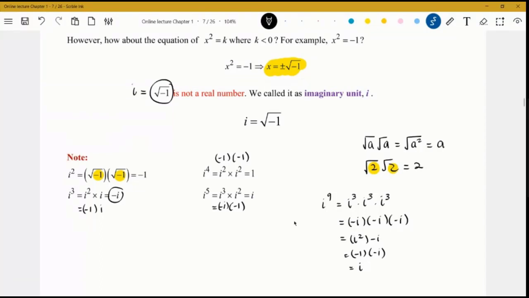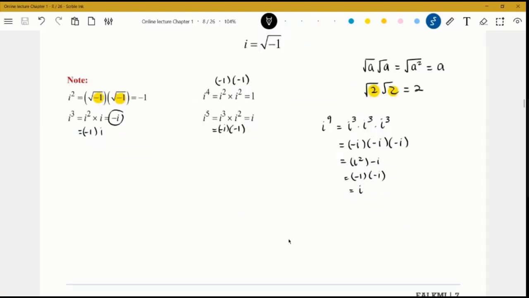Sebab ini adalah term untuk maths. Dia memang denote square root negative 1 tu sebagai i. Kalau kita tengok pada calculator pun, nanti akan ada dekat atas tu simbol i. So itu menunjukkan dia adalah complex number ataupun imaginary unit. Okay, which is dia bukan real number. Okay, alright. So itu adalah i.